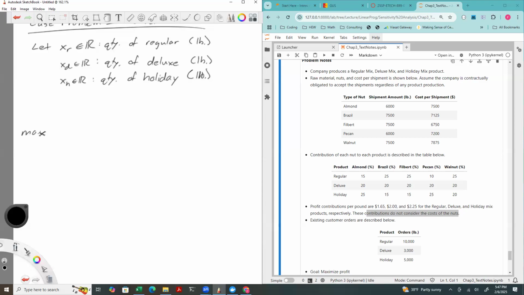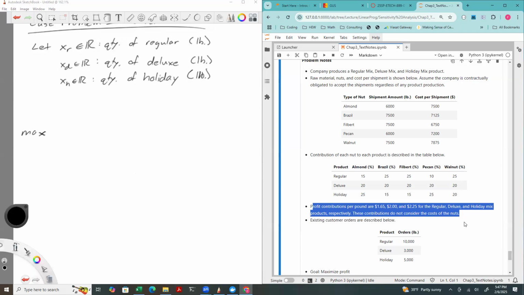And so we do have to be careful in this problem a little bit. There is kind of one gotcha that I can think of. One of the things we might read is this statement that tells us the profit contributions per pound of the deluxe, regular, and holiday mix. So that's nice. But then it also makes the statement that these contributions do not consider cost of nuts.